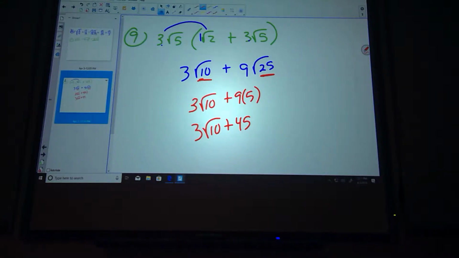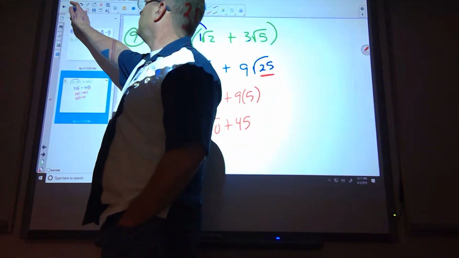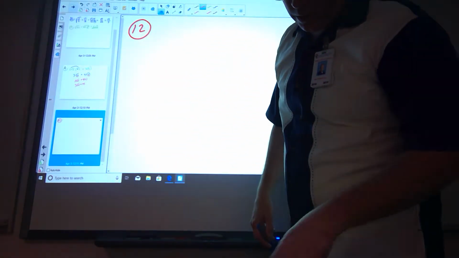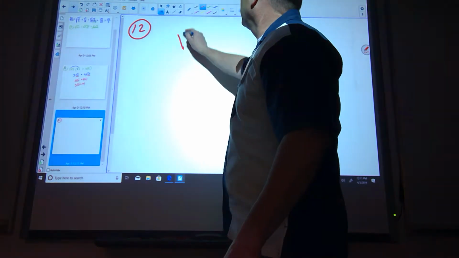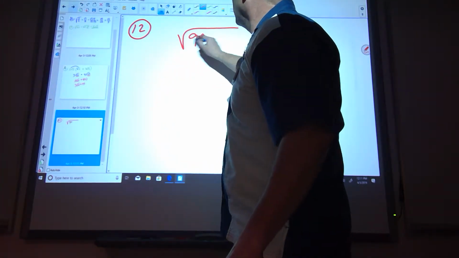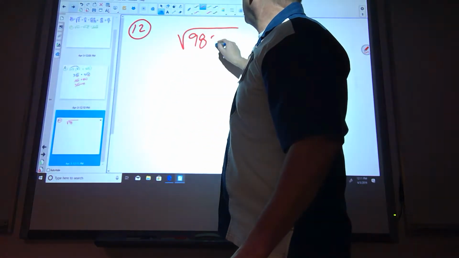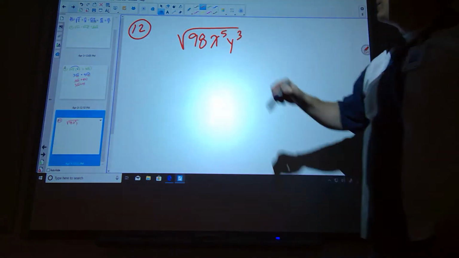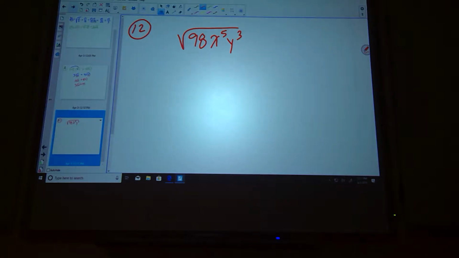Can you do 12? 12? Sure. Number 12. Is that the root 98? Something there? Then we have x to the 5th, y to the 3rd. Is that right? Okay. Tell me, where should I start on this problem?